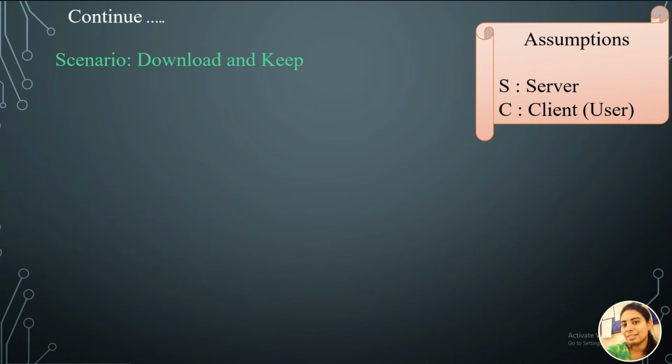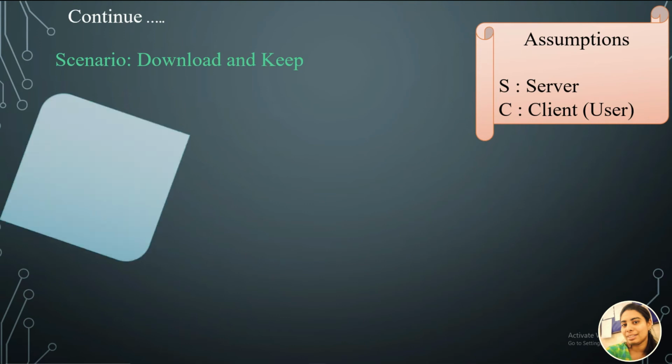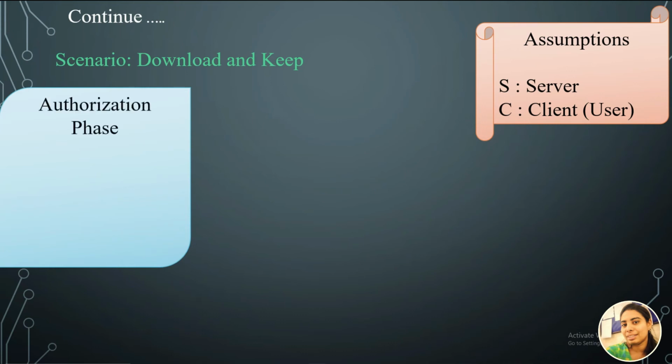Now after establishment of connection with the server, the user enters into the authentication phase, or you can say the authorization phase. In this phase, first the user will request access using the USER command. Okay, so here let's say the client enters USER Vidhi. In response to this command, the server replies with a plus OK message if it finds the entry of the username in its directory.